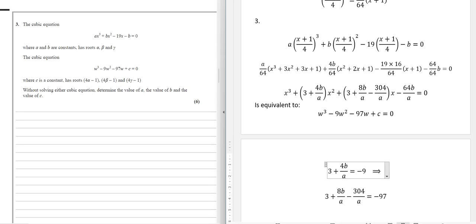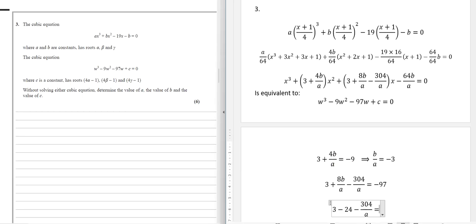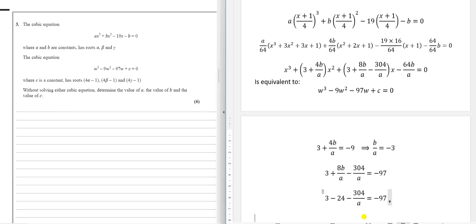So b over a is equal to minus 12 over 4, which is minus 3. And that means down here, if 3 plus 4b over a is minus 9, then 6 plus 8b over a is minus 18, and 8b over a is therefore minus 24. So 3 minus 24 minus 304 over a is equal to minus 97. I can find the value of a directly from that.